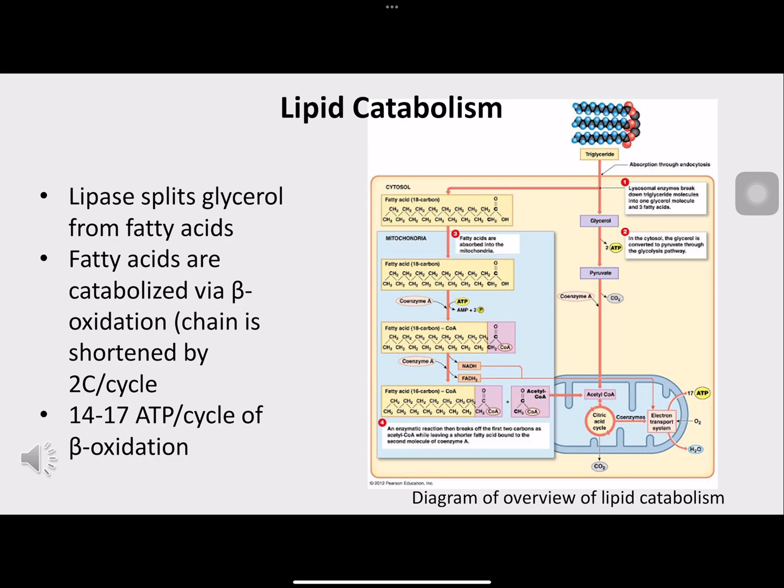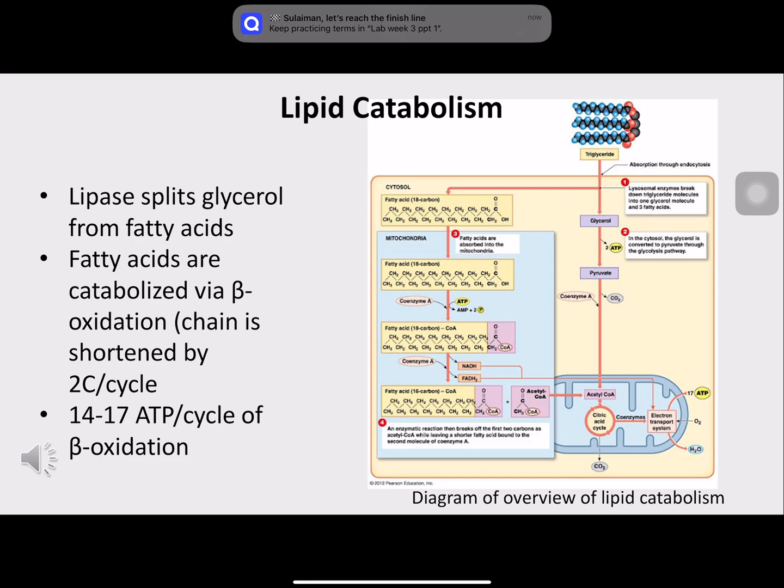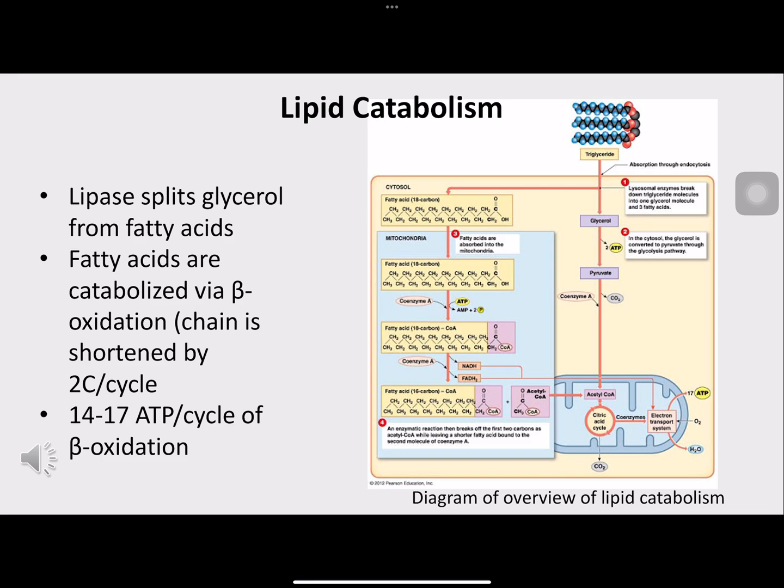Okay, well now that acetyl-CoA that we made from our little 2-carbon piece can go into the Krebs cycle and will generate reduced electron carriers, NADH and FADH2, which will then send through the electron transport chain. And depending on whose calculation you use, each cycle of beta oxidation will give us between 14 and 17 ATPs.